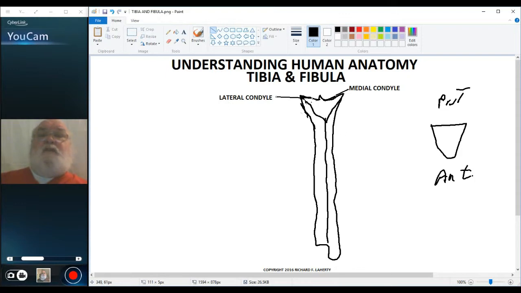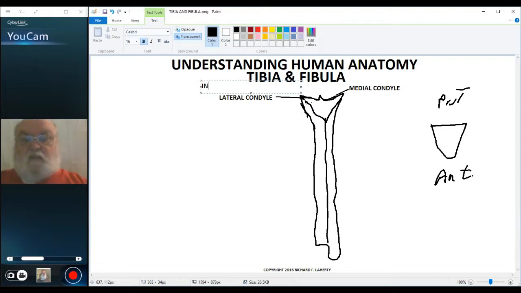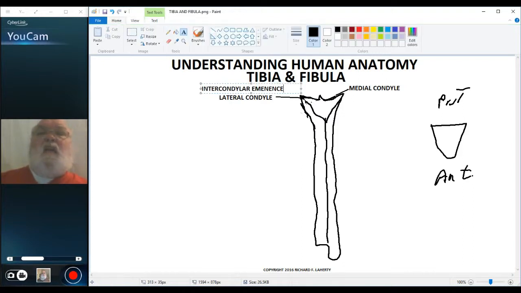And there is a projection between the medial and lateral condyle, and that projection is the intercondylar eminence. And we'll draw a line to it right there.